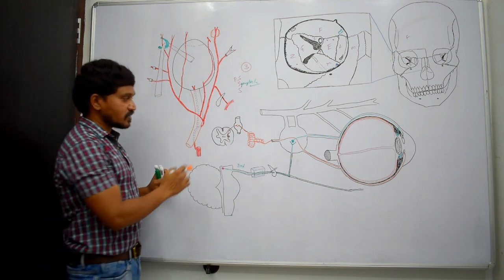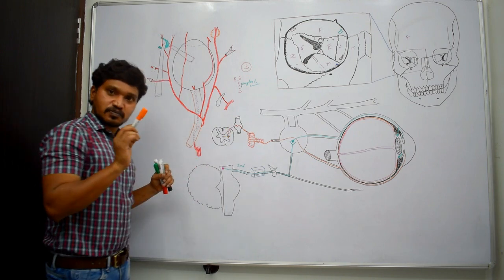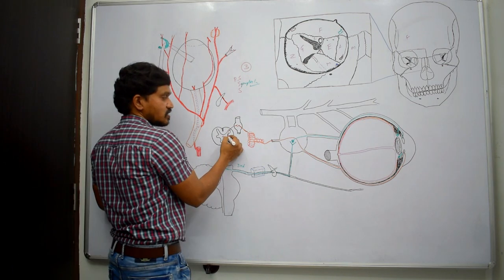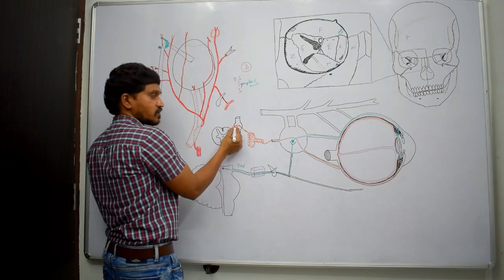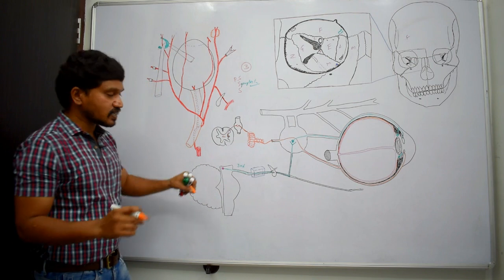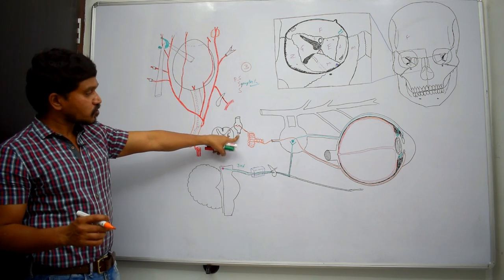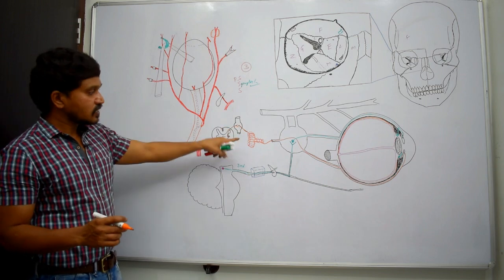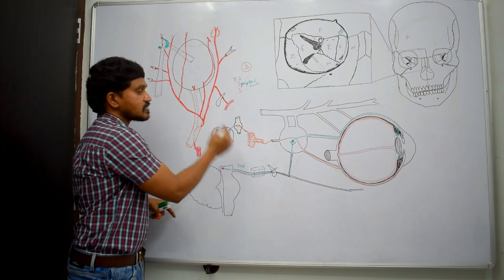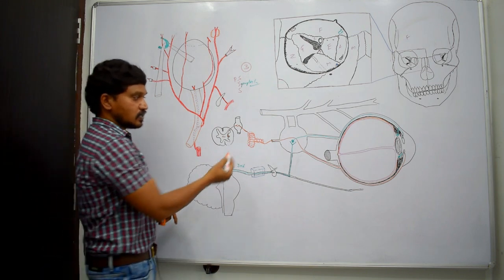Recollect once again. Sympathetic root from the lateral horns of the spinal segment. These are preganglionic fibers. Preganglionic fibers pass through the anterior root, then they relay in the superior cervical ganglion. Right? Postganglionic fibers arise from the superior cervical ganglion, then form a plexus around the internal carotid artery and also around the ophthalmic artery.